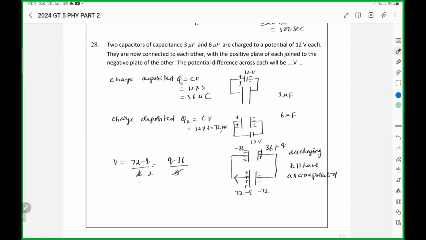So in this case, 2Q minus 70. Q here is 48 microcoulombs.